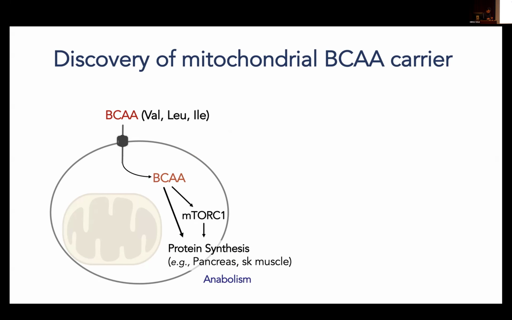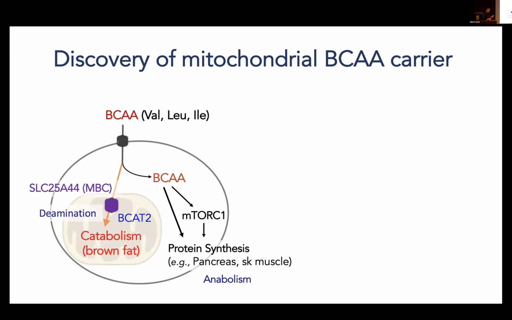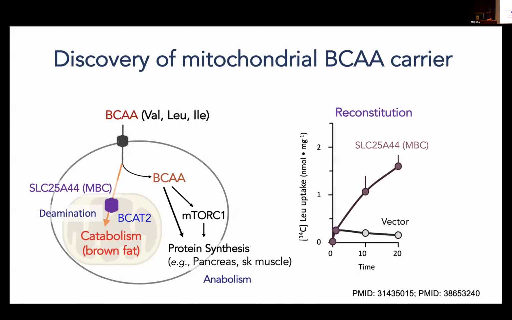Some cells, very metabolically active tissues like brown fat, bring BCAA into the mitochondria, because the first deamination enzyme, BCAT2, exists in the mitochondria, so brown fat has to bring BCAA into the mitochondria to initiate the catabolic reaction. Using brown fat as a discovery tool led to the identification of SLC25A44, a terrible name for the mitochondrial BCAA carrier. We were able to reconstitute this, and we now do a lot of mouse models. So this is one example.